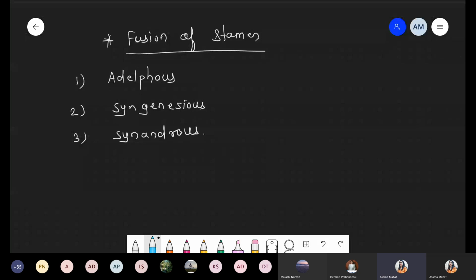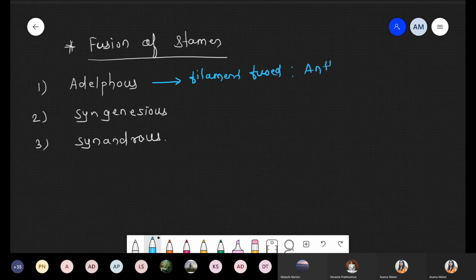Now I am writing this simple information. The adelphous condition means the filaments are fused. We will see it in the diagram. But the anthers are free. Such a condition is called the adelphous condition: filaments fused but anthers free.